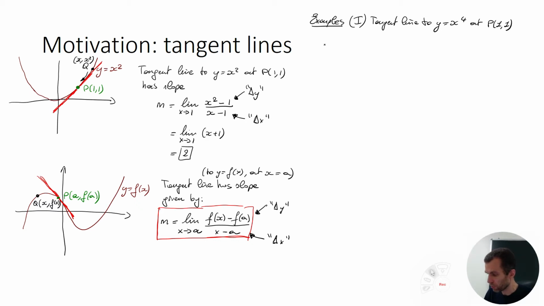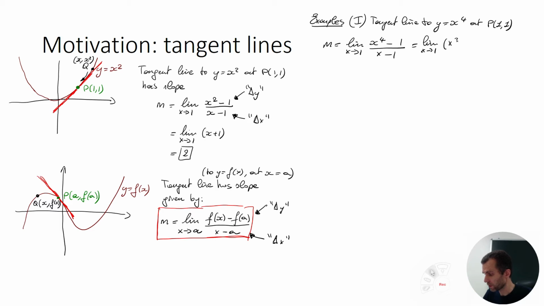In order to compute the slope, we use the formula. So it's the limit as x goes to 1 of f of x, that's x to the power 4, minus f of a, that's 1 to the power 4, or just 1, and then divided by x minus a, so x minus 1.